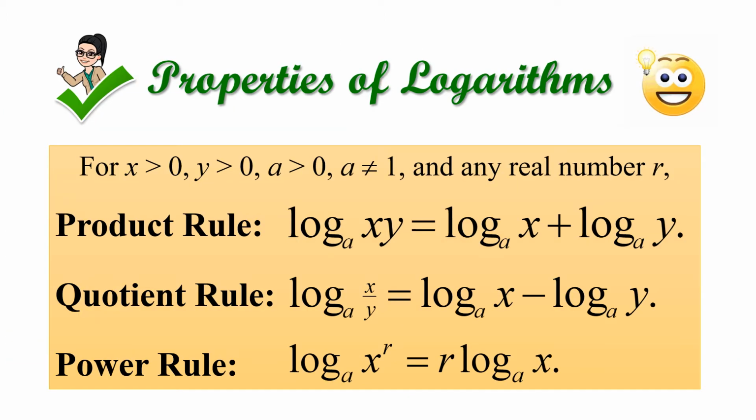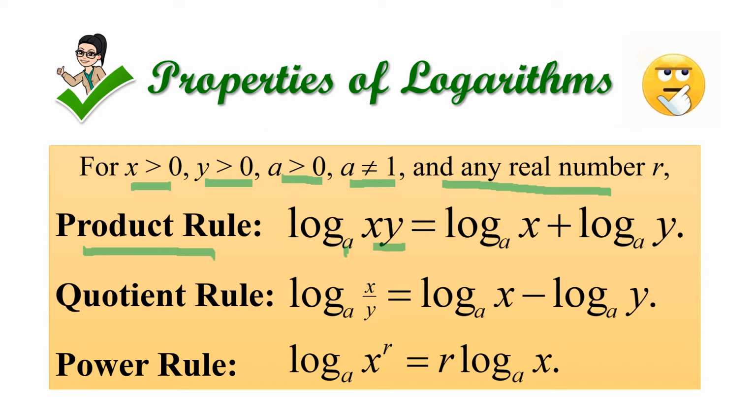We have the following properties of logarithms. For x greater than 0, y greater than 0, a greater than 0, and a should not be equal to 1, and any real number r, we have the following rules. Product rule: logarithm of xy to base a is equal to logarithm of x to base a plus logarithm of y to base a.